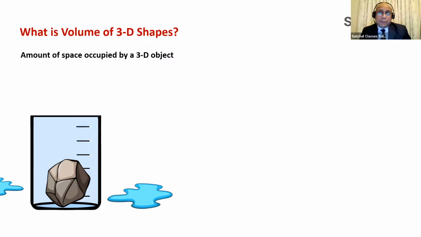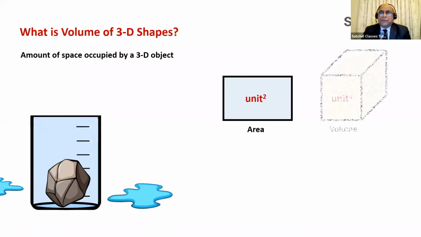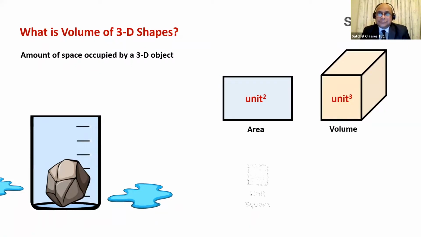If you remember, when we did area, it was the amount of space occupied by a two-dimensional object, right? And there we understood this concept of unit square, because it was a two-dimensional object, occupying unit times unit, which is unit square. Because volume pertains to a 3D object, it will have unit cube because there are three dimensions, right?